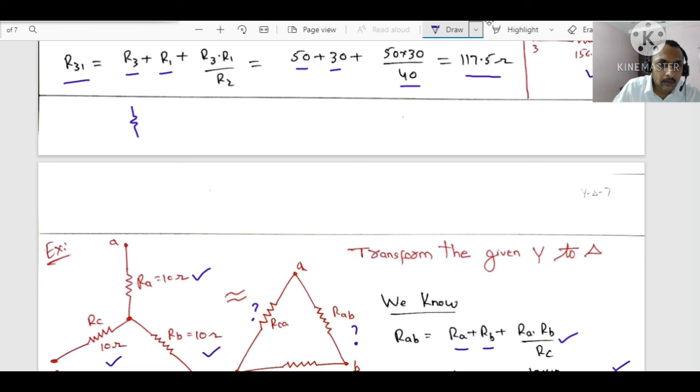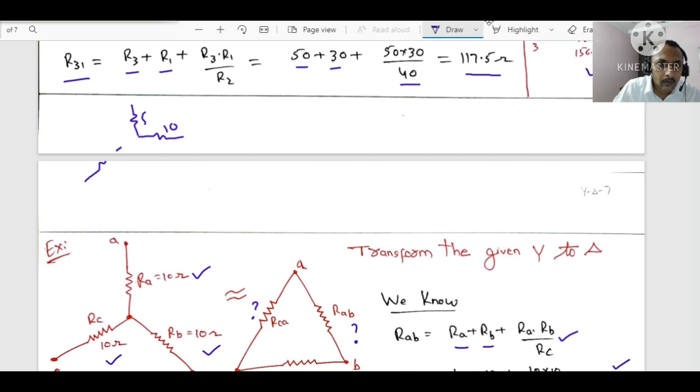For example, in star this is 5 ohms, 10 ohms, 20 ohms. As I told, it is becoming 3 times, so its answer will be 3 5s are 15, 3 10s are 30 and 3 20s are 60 ohms.